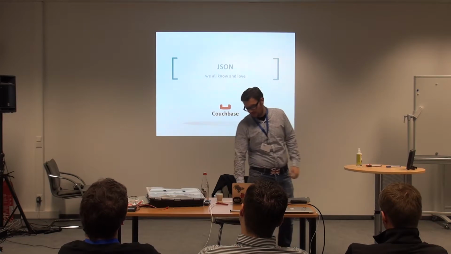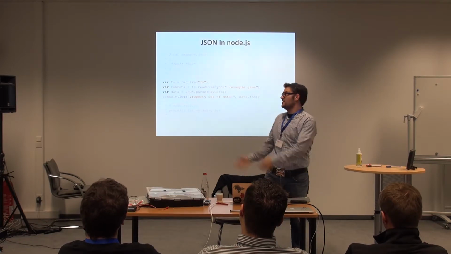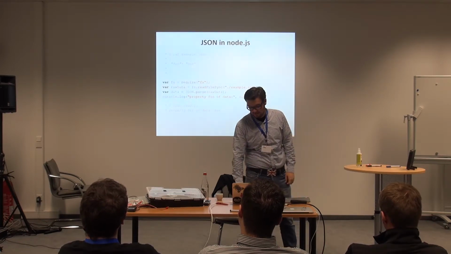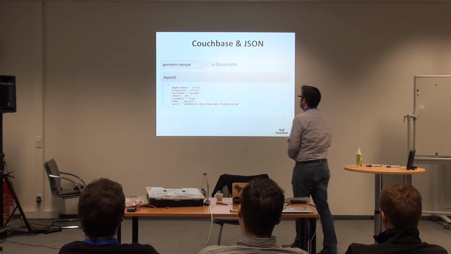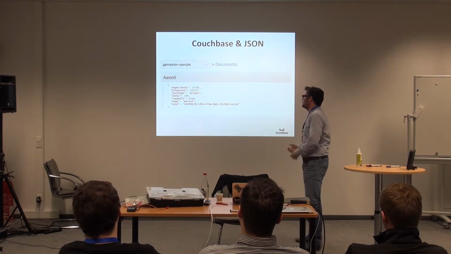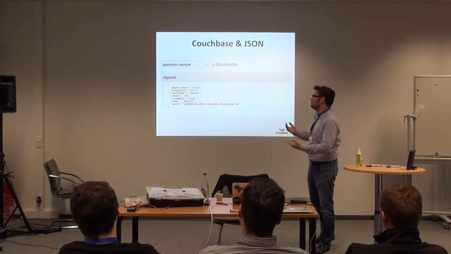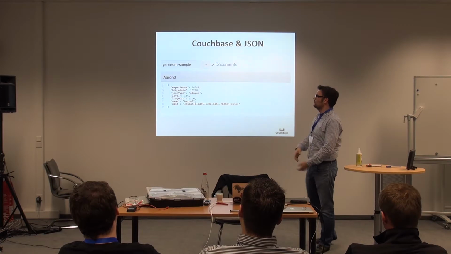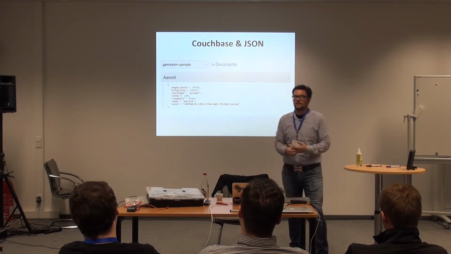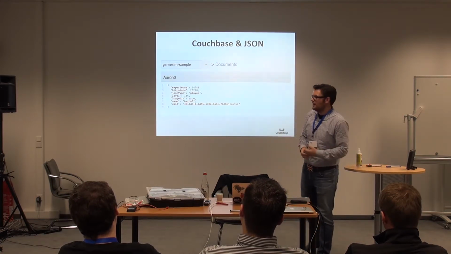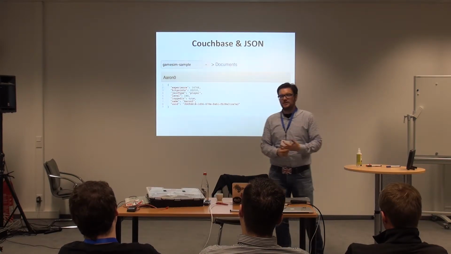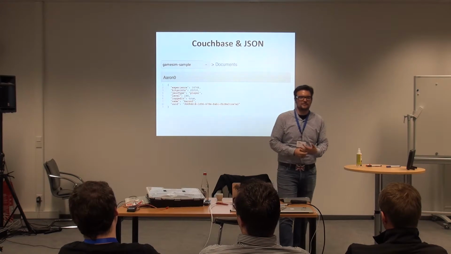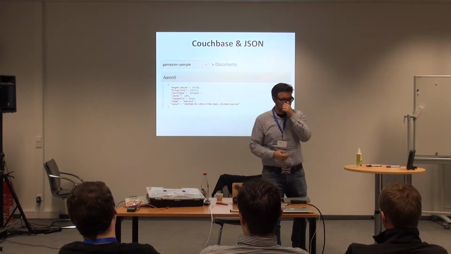Okay, so JSON, we all know and love. JSON in Node.js is insanely simple. You probably know that. And JSON in Couchbase is about as simple. This is just a screenshot from the web interface. It has direct support, so theoretically you can go in there and edit on the fly, as long as the JSON is not too large. There is a very odd limit of 2.5 kilobytes for one document.